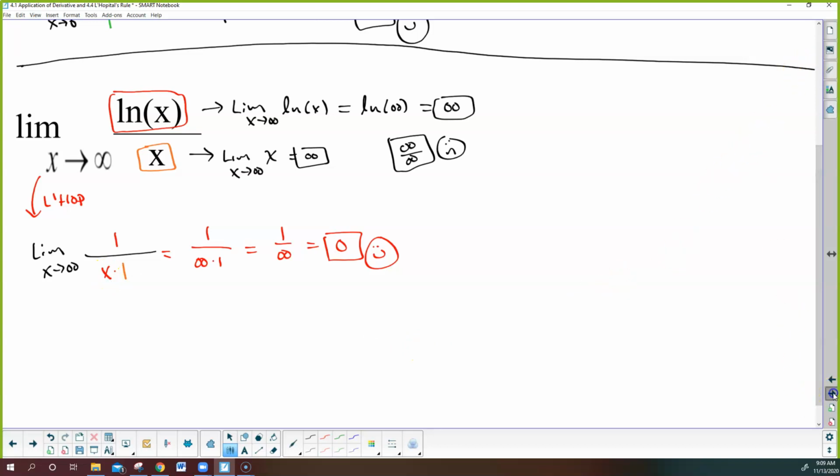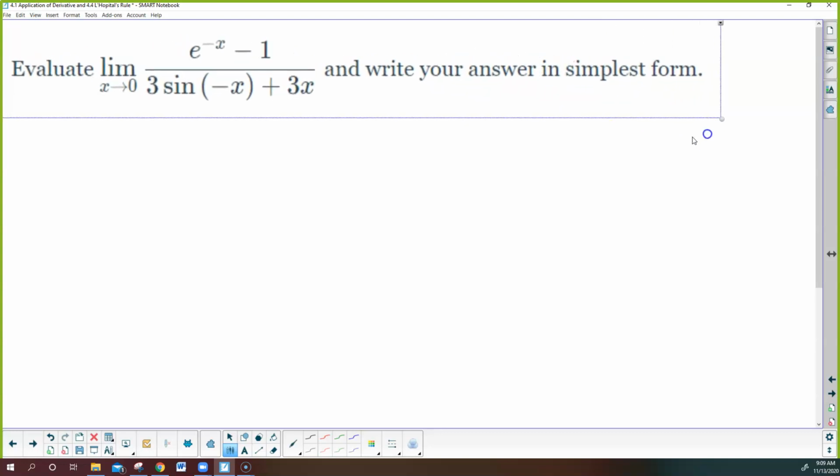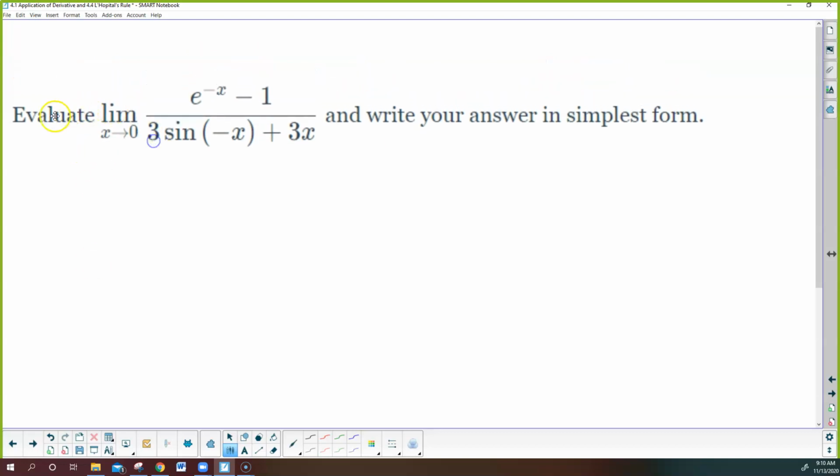All right, this is the one I want to get to. This is most likely the types of problems you're going to be seeing for sure tonight. And it's just a little bit more going on. But the nice thing is the process is still the same. So you don't have to write all these words, evaluate, write your answer in simplest form.